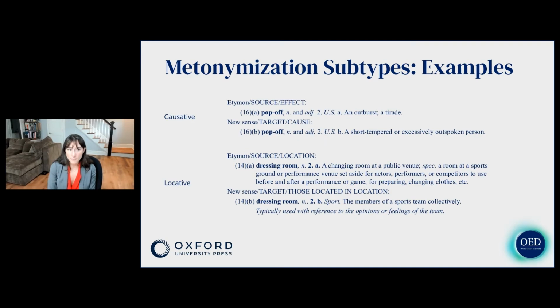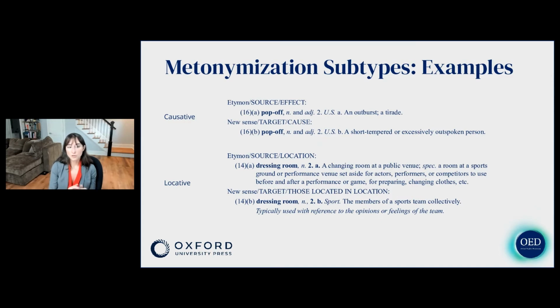For causative, you have the source, in this case being an effect, an outburst, or a tirade of pop-off, and the sense from the sample referring to a person, a short-tempered, excessively outspoken person, is taking that effect of a pop-off and ascribing it to the person who is causing it and bringing it about.